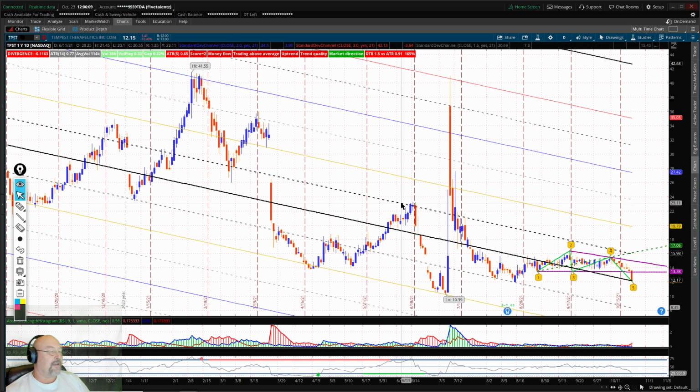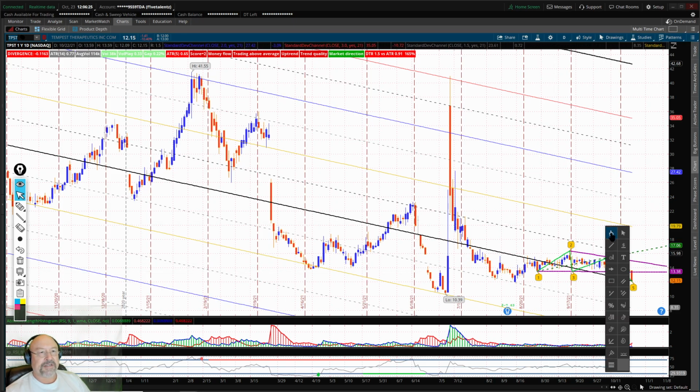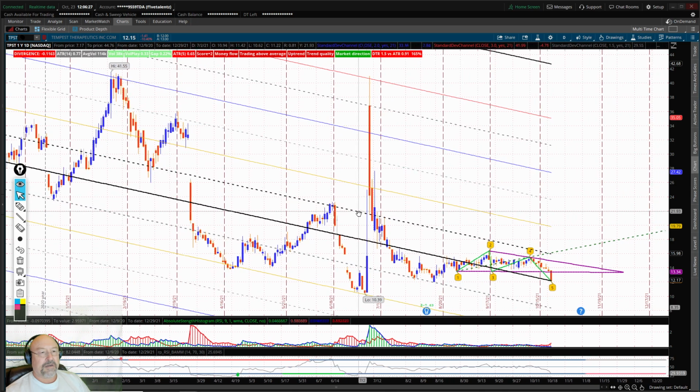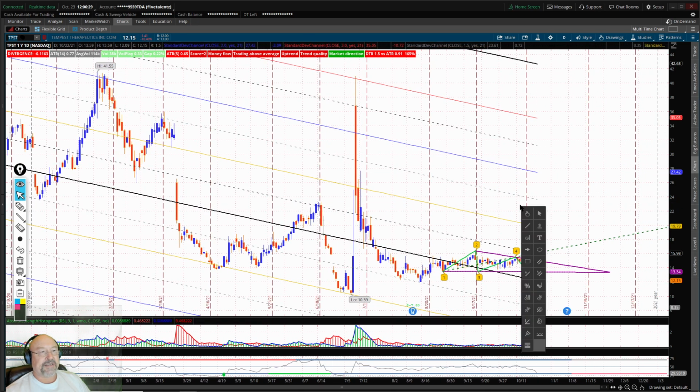And then, like today on Saturday mornings, I'll bring up my Wolfe wedge scanner, and I just sift through these. And here's one that I just found today. It has a really nice, really decent looking wedge, guys. This is looking really nice.